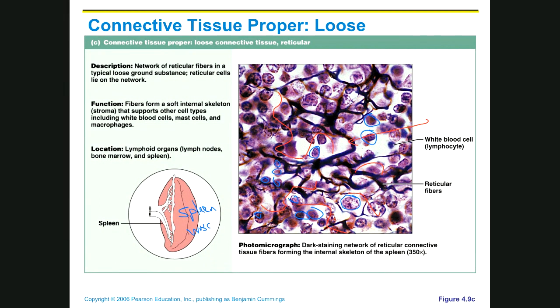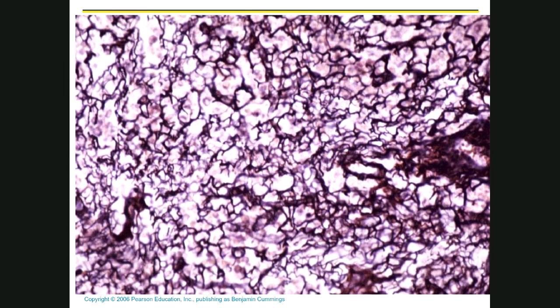If we blow that up, it looks like this. It looks a lot like, I don't know, a sponge maybe. Think about a sponge that you might have in your kitchen. It's soft, it's squishy, there's a lot of spaces in it, and it's supportive.